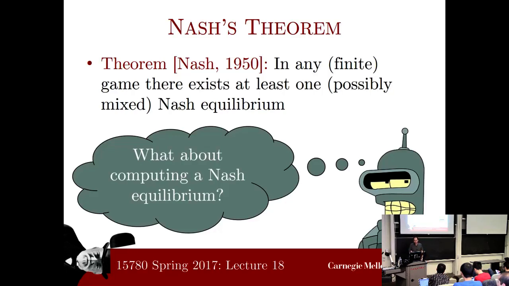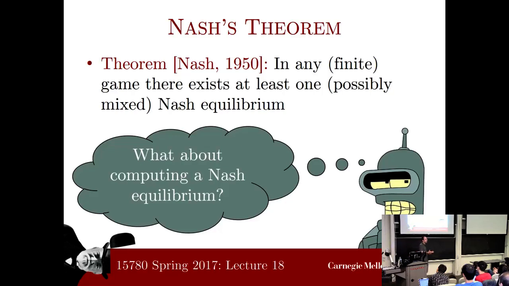So PPAD is a class of problems designed to reason about problems that always have a solution, and the hard part is actually finding a solution. Without going into more details, that's basically the situation. So this reduction, this result basically means that people believe strongly that there's no polynomial time algorithm for Nash equilibrium.